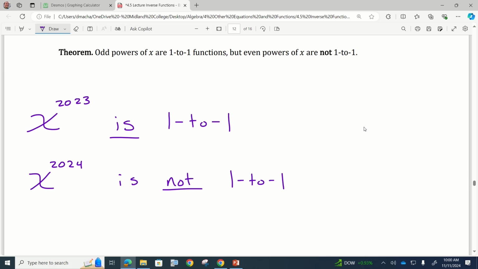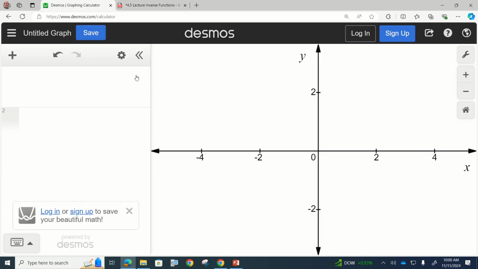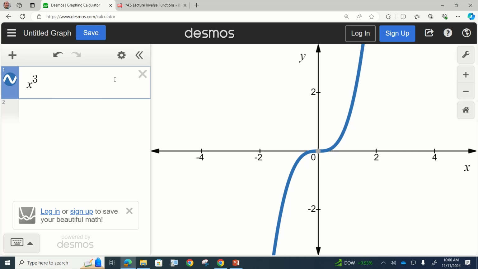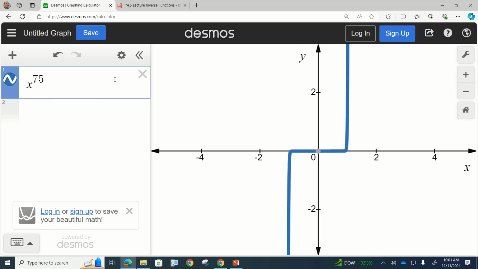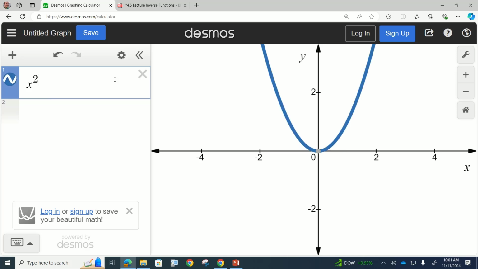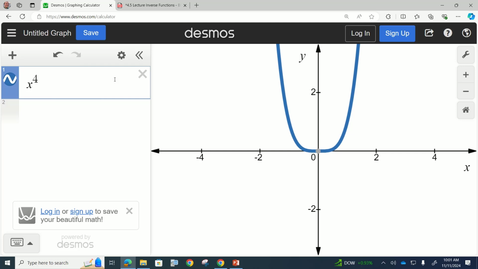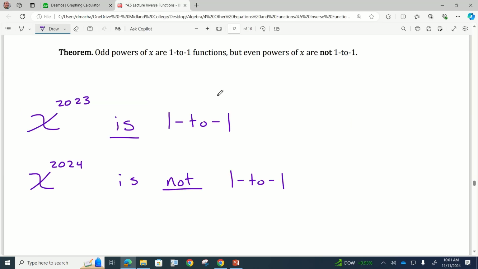This is important because that means any odd power of x is going to have an inverse function, the way that x cubed has an inverse function, the cube root of x, or x to the 5th has an inverse function, the 5th root of x, and so on. All of the odd powers are one-to-one because they're all strictly increasing. But if I have x squared, not strictly increasing, so these don't have inverse functions because they're not strictly increasing. That's the idea.